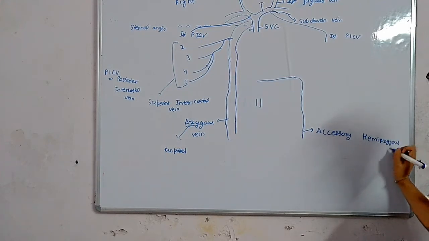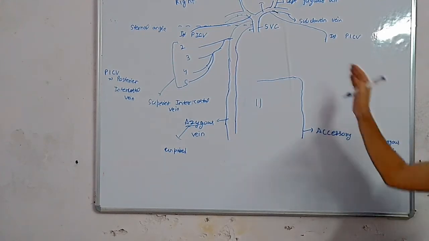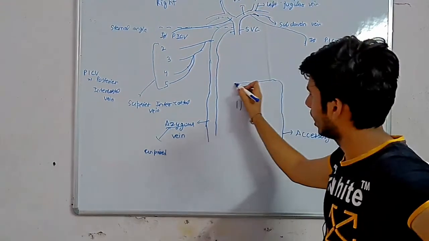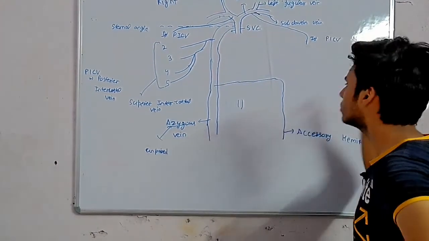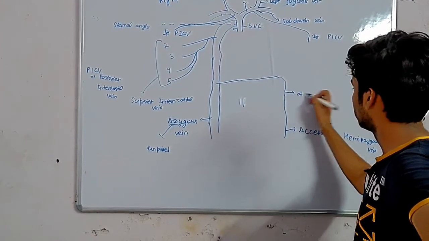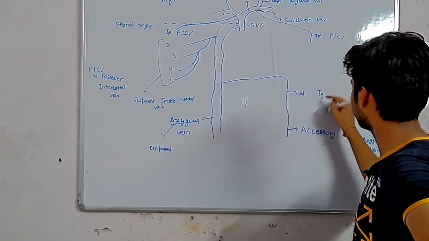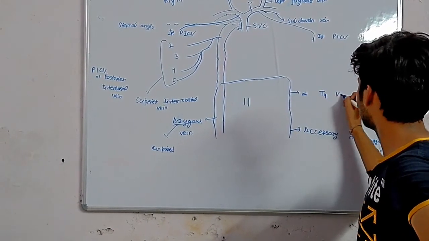Then it drains into the azygous vein at the T9 vertebra.